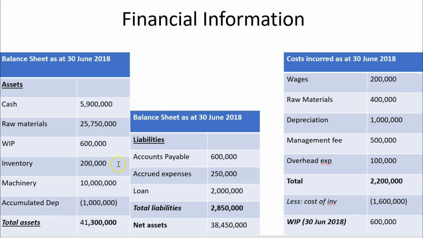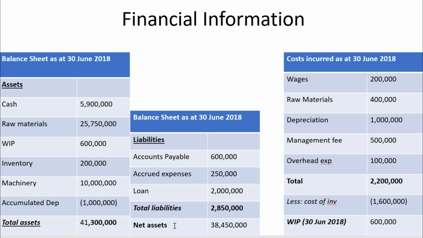If I then look at my balance sheet, I can see that $200,000 inventory remains within the joint operation. So when I take this $200,000 away from the 1.6 million, we get $1.4 million worth of inventory, which must have been distributed out to the individual entities.